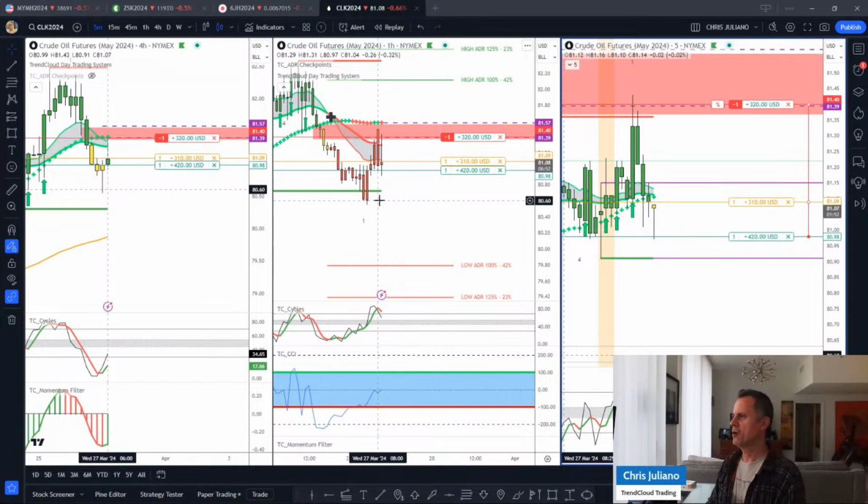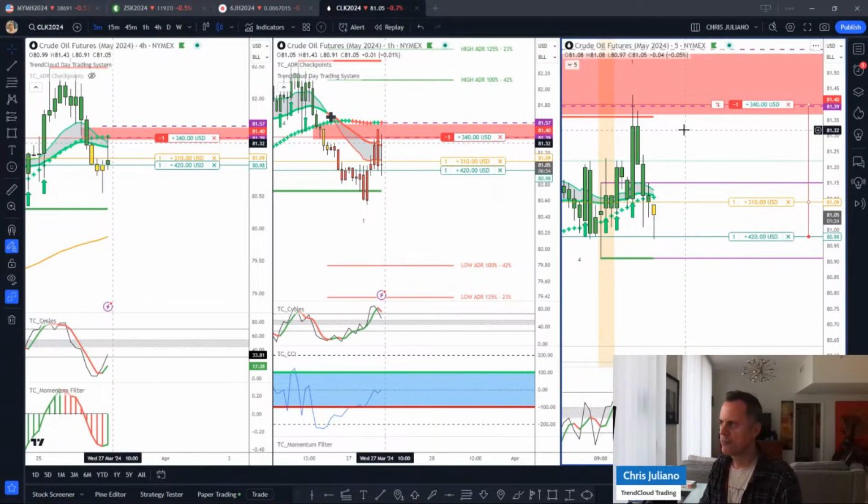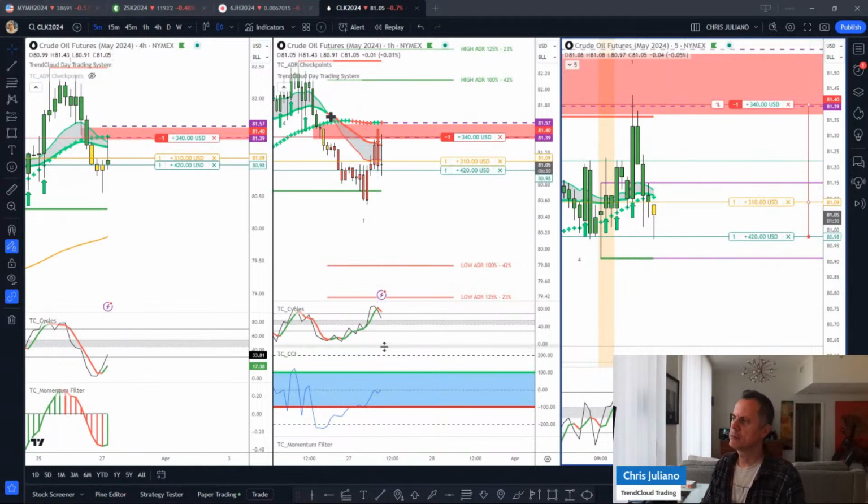All right, looks like we're making a bounce back to the upside there. Do we get one more push down? I really don't want to give up any profit here. I'm being very conservative, right? I really want to lock in as much profit as possible.